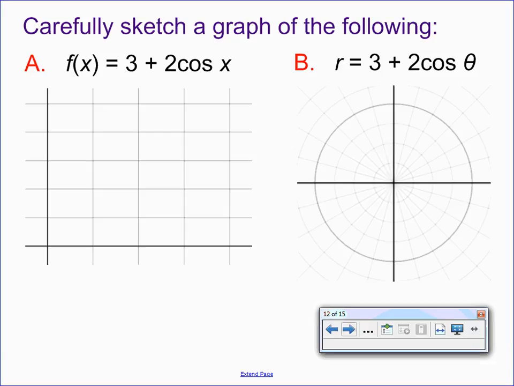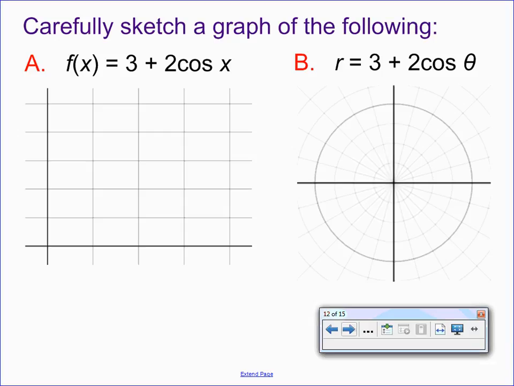Consider the function f of x given by 3 plus 2 cosine of x in the Cartesian plane. I went ahead and changed the scale here. Let's see what makes sense. It looks like we've got quadrant 1 here. Oh, I see. Remember that +3 outside? That's going to change my center line of my cosine function graph.